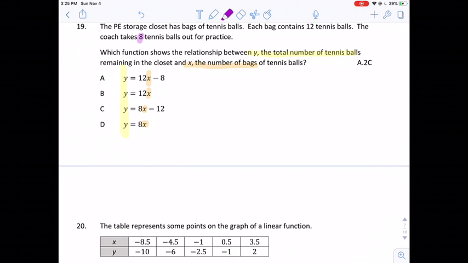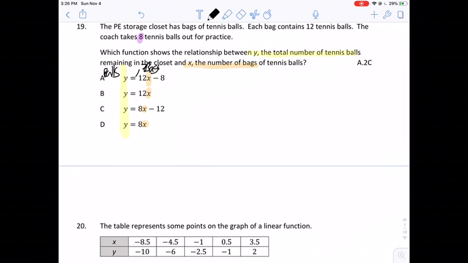I know that y is tennis balls, so this is balls. These are bags. So when I take the number of bags and I multiply times how many tennis balls each bag can hold, it's going to give me the total amount of tennis balls.